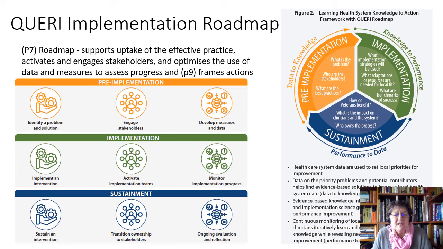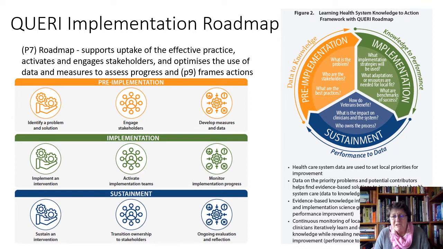Okay, so this comes from the first of the readings, the Query Implementation Roadmap, and this is a really excellent document. It comes from the US Department of Veterans Affairs. It's designed so that veterans are treated with the best possible evidence-based practice.